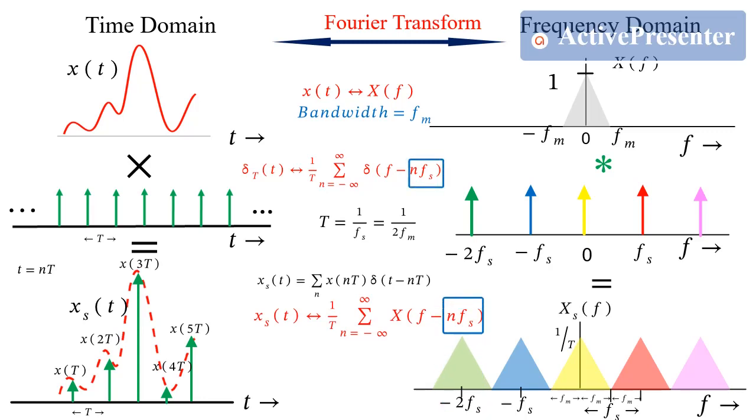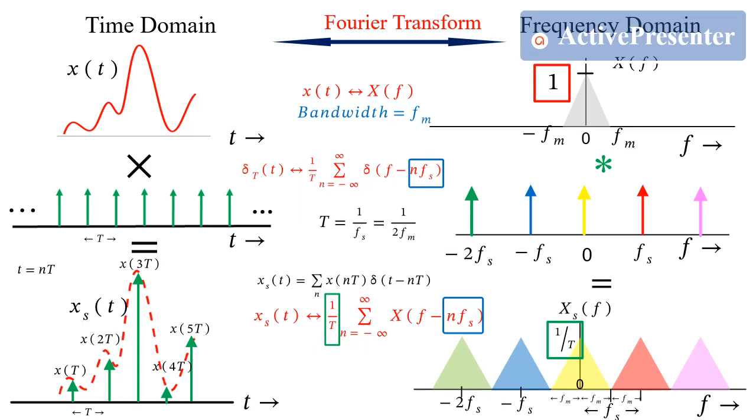One thing to note here is that the spectrum of the sampled signal is scaled by a factor of 1 over T. The magnitude of X(f) at f equal to 0 is 1, while that of Xs(0) is 1 over T times X(f). We are interested in the yellow spectrum that is centered at 0, as our original spectrum X(f) was also centered at 0.